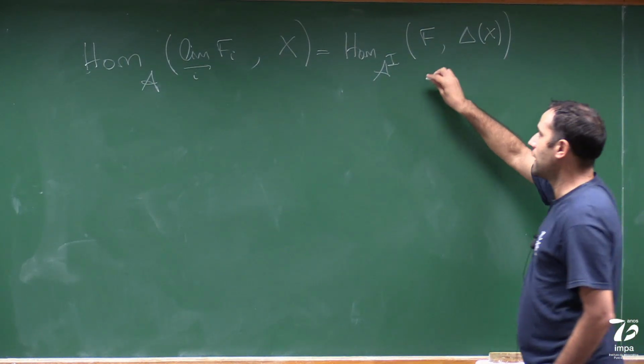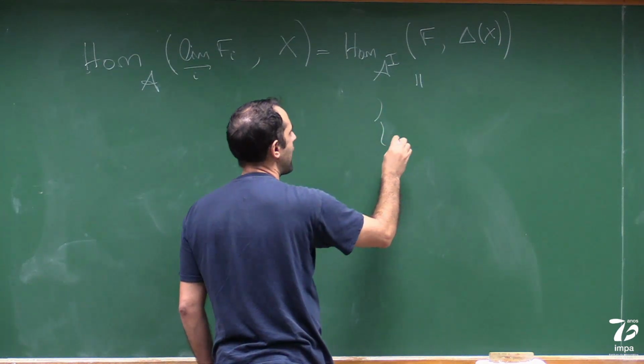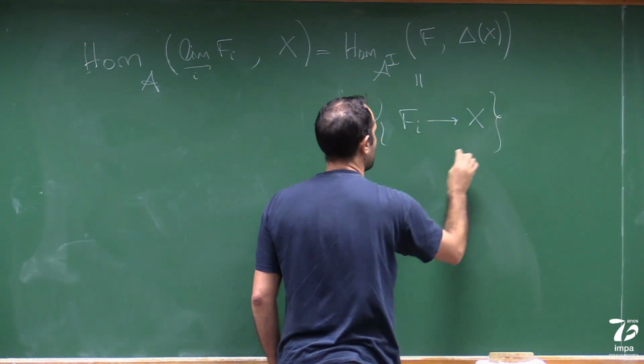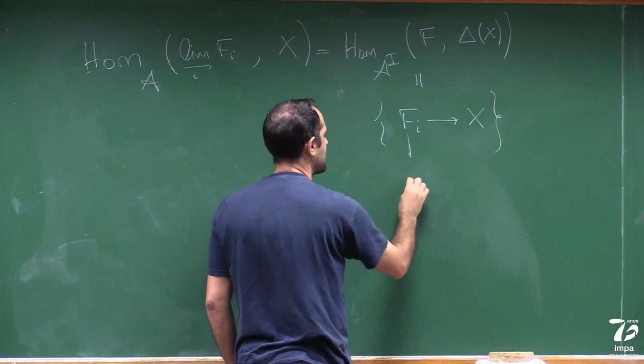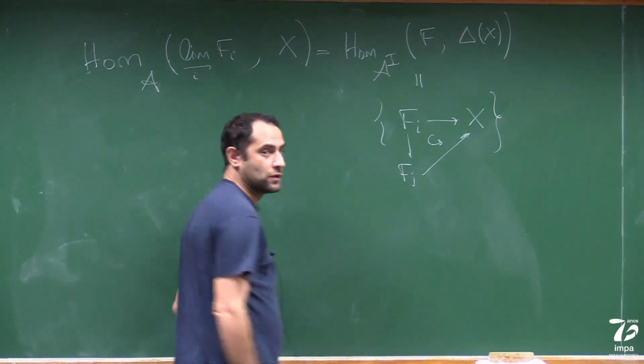And this is natural transformations between these two functors. So this in particular is a collection of maps between f_i and x for every i, and such that you get this diagram to commute.